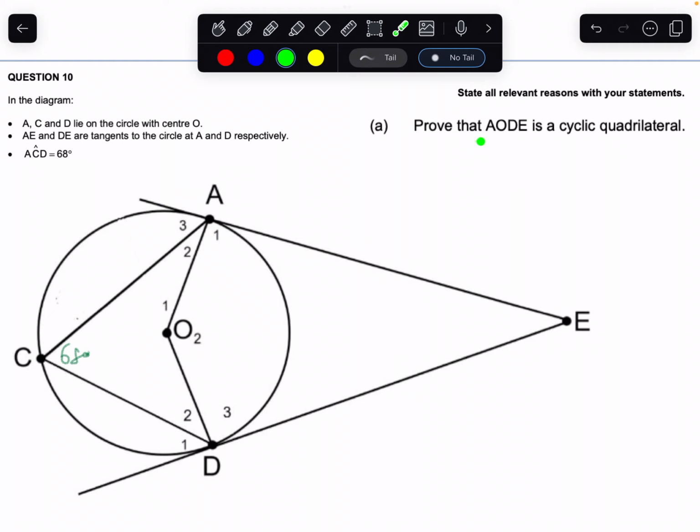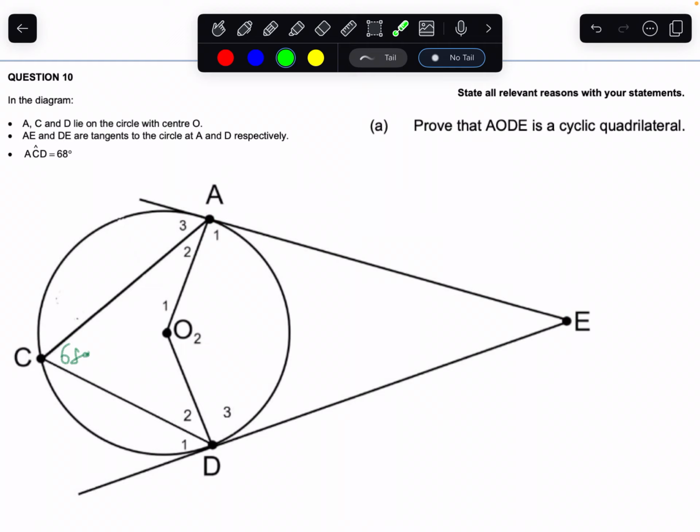Prove that AODE is a cyclic quadrilateral. So if you imagine a big circle passing through all those 4 points, pretty much prove that there is a circle that passes through all those 4 points.